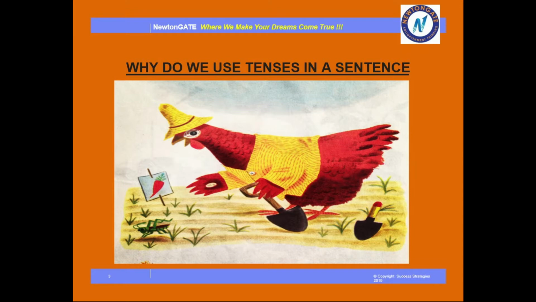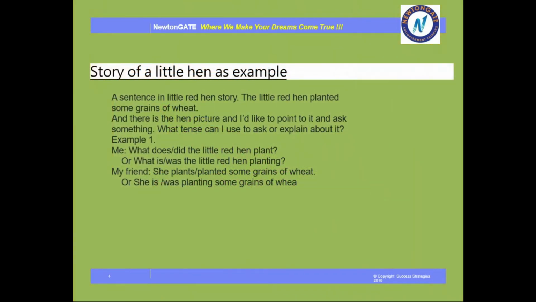I will give you a very short example from the story of the Little Red Hen. Now, a sentence in the Little Red Hen story: the little red hen planted some grains of wheat, and there is the hen picture, and I would like to point to it and ask something from you.